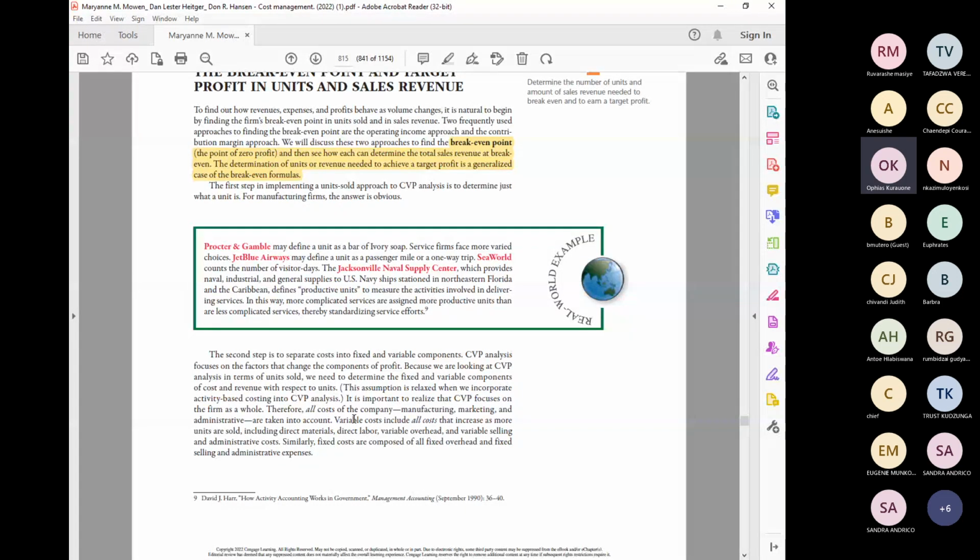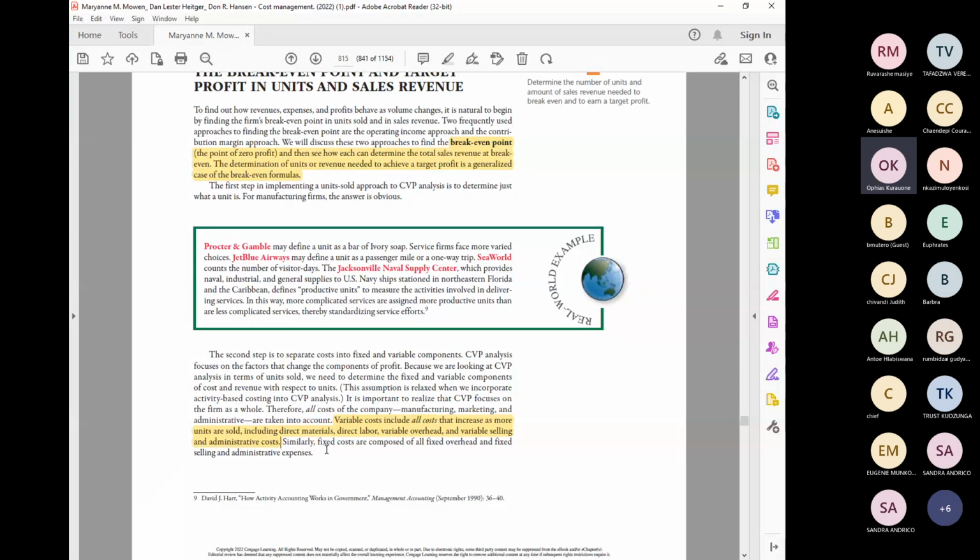So, therefore, all costs, manufacturing and marketing, are taken into account. Variable costs include all costs that increase as more units are sold, including direct materials, direct labor, variable overhead, and variable selling and administrative costs.